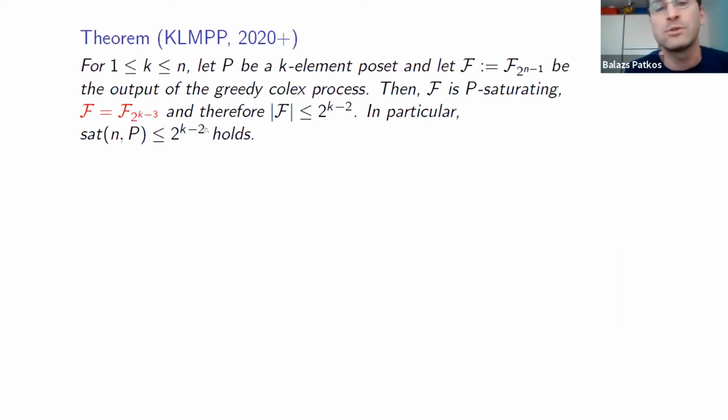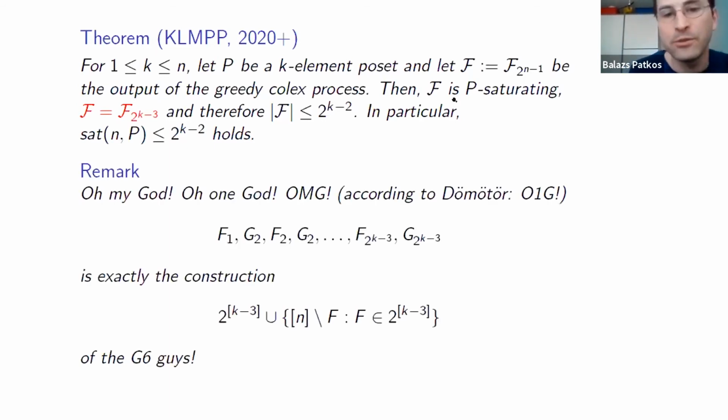So it's not just that we won't have too many, but actually whatever is added is from the beginning. Which is nice, because if you are still with me, you can ask, well, what are the first 2 to the k minus 3 pairs? Well, it's just the construction that I showed you like 10 minutes ago.